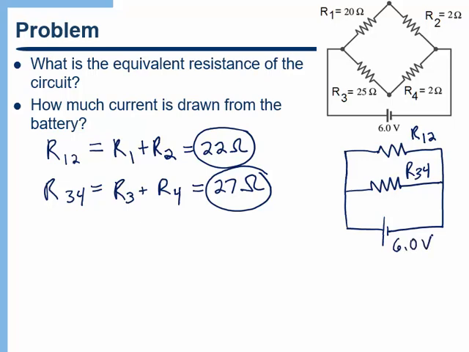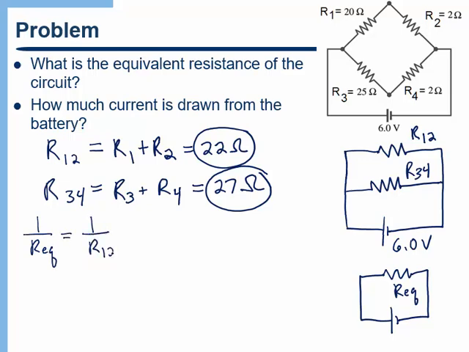At this point, you'll notice that to get to our one equivalent resistor, all we need to do is combine those two resistors that are in parallel. So we know how that works. 1 over R equivalent is going to be equal to 1 over R12 plus 1 over R34.